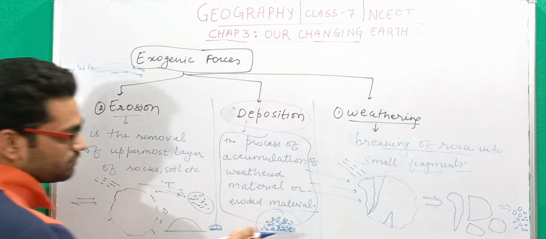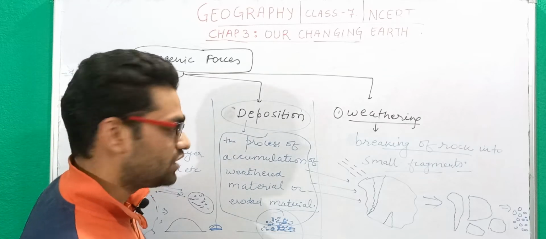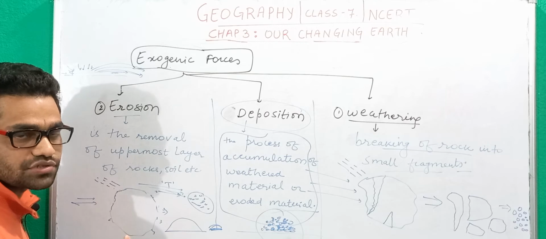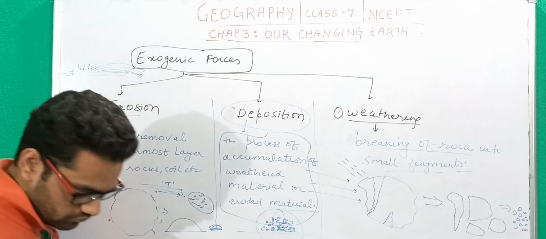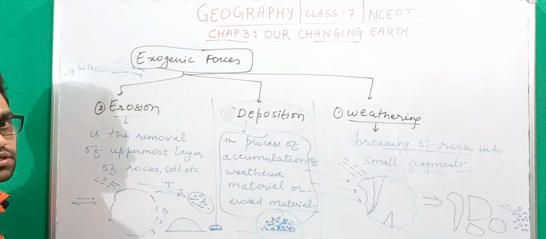This accumulation of particles layer by layer is what we call deposition. And because of deposition, we have seen that sedimentary rocks get formed. Okay, so these were the three basic phenomena that we need to understand here.